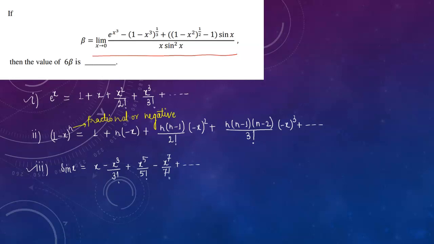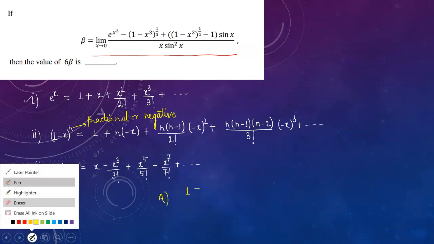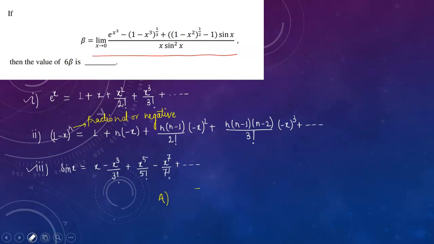If we think about e to the power x minus 1 upon x, and calculate this term, we will get the following.